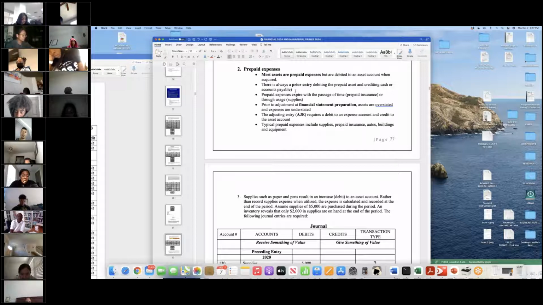Prepaid expenses. And what I'm saying though is that, you're always going to be learning after you graduate. And I can tell you most of your learning is going to be virtual in the future.